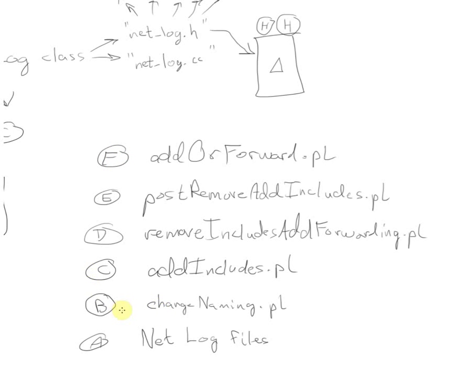This change naming step changed like 190 files. Add includes changed like 400 files or something like that, because netlog with source actually wasn't an inner class. It was a class in the same CC file as the netlog class.